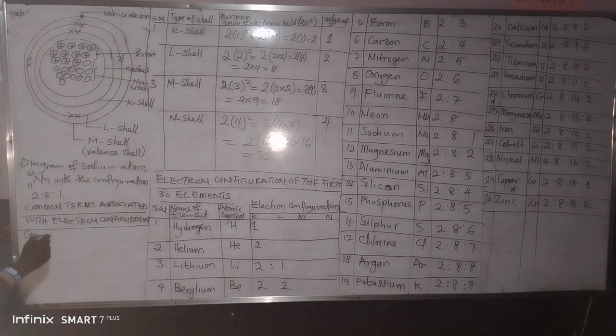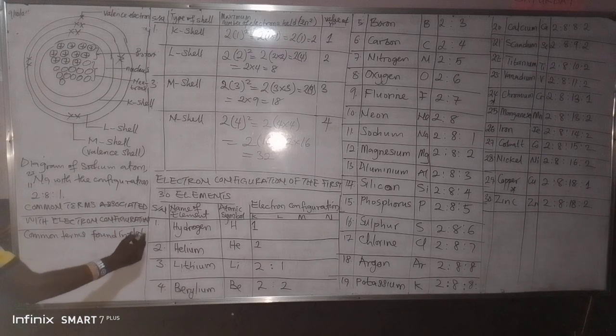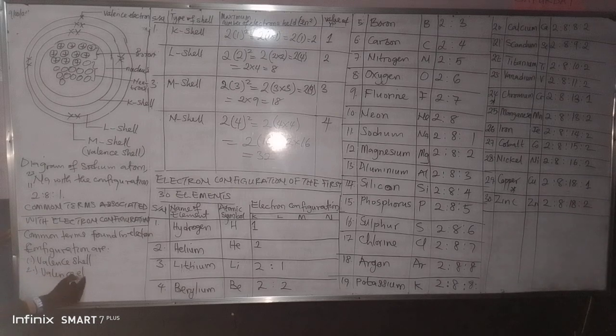The common terms found in electron configuration are: one, valence shell; two, valence electron; three, metals; four, non-metals; and five, noble gases.